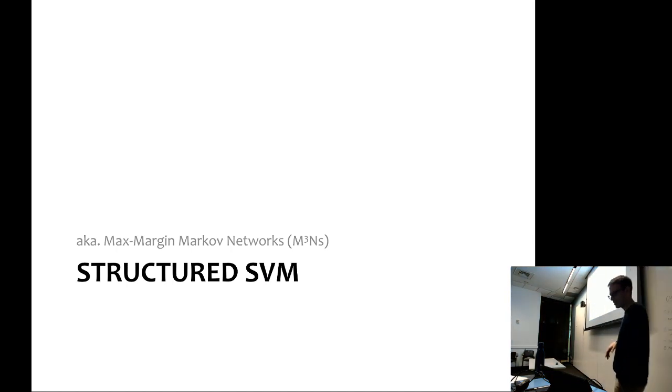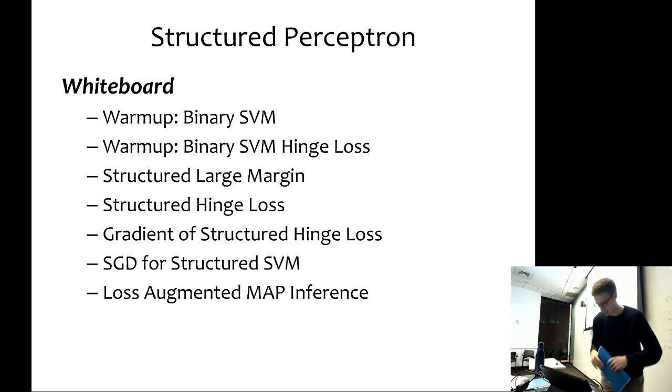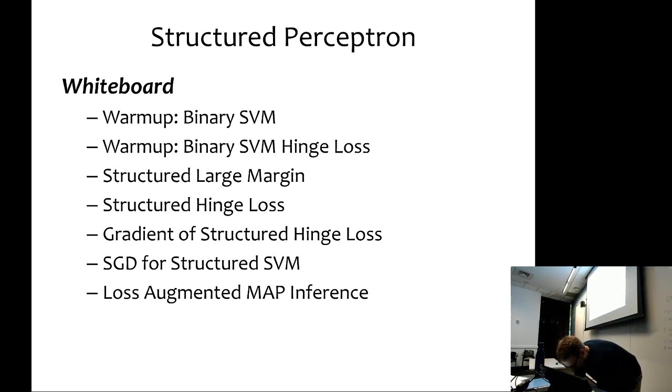Okay, so let's talk about structured SVMs. The idea of a structured SVM is that we want to extend the notion of a standard SVM in the same way that we extended the notion of a perceptron to the structured case.